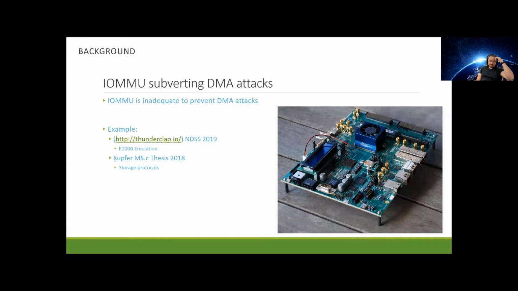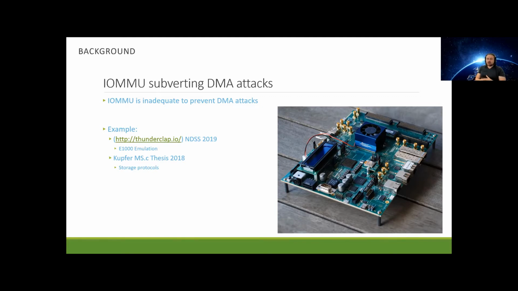And unsurprisingly, there were a couple of projects recently. One of them is the Thunderclap project, which was showcased in NDSS in 2019. They chose an FPGA that can masquerade as an Intel NIC, and among other things, gain access and act as a malicious device and compromise the system.